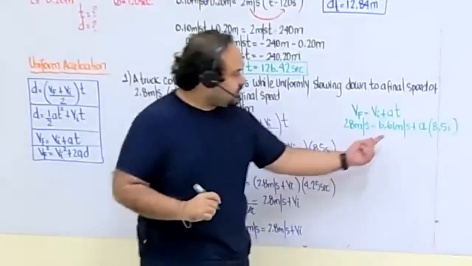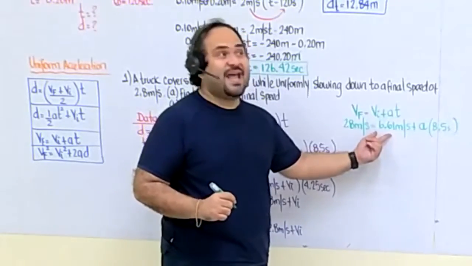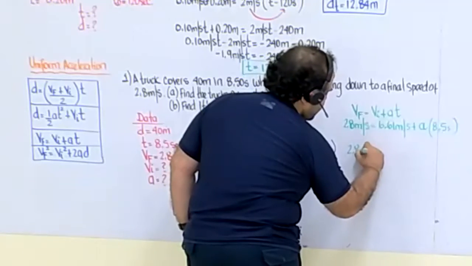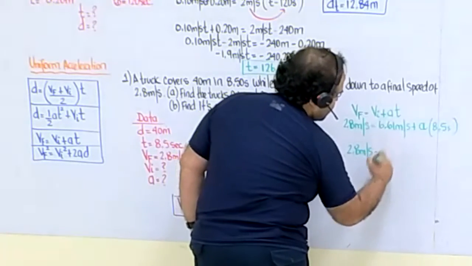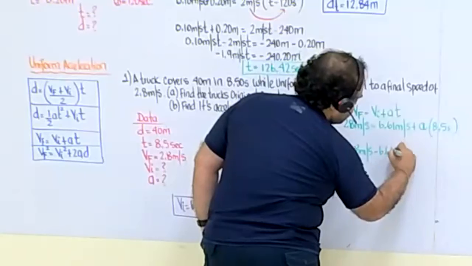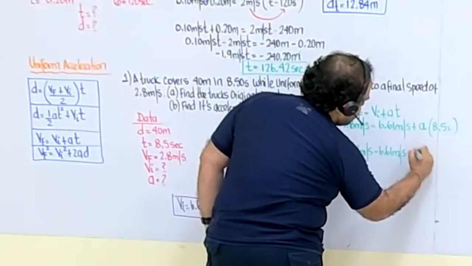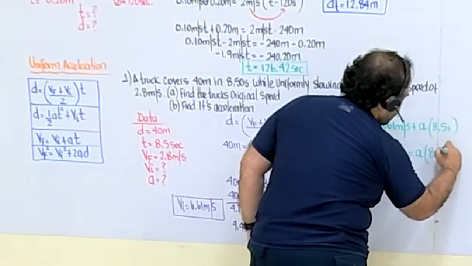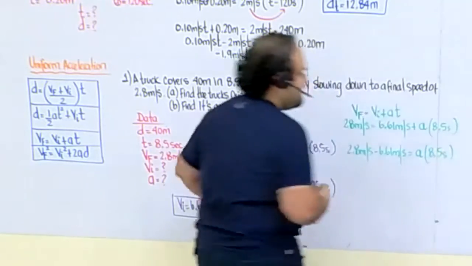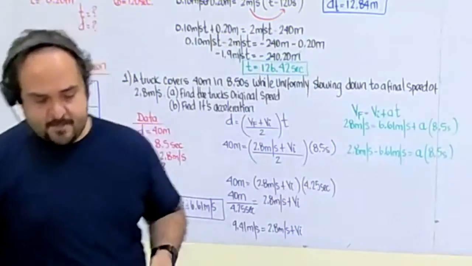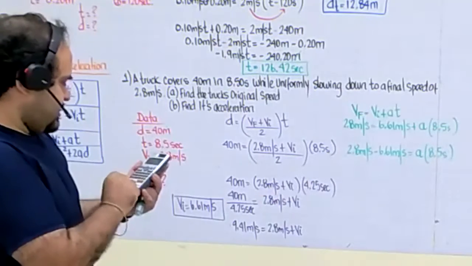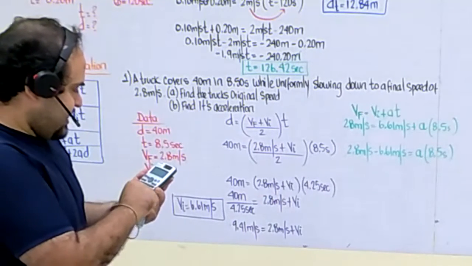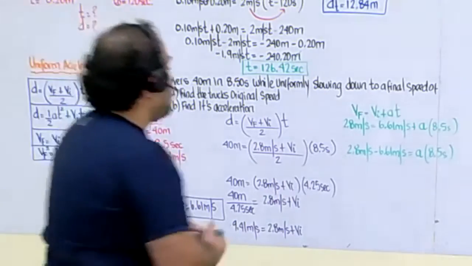Okay? 6.61 is adding, so it passes to the other side subtracting. 2.8 meters per second, subtracting 6.61 meters per second equals acceleration multiplying by 8.5 seconds. Okay, let's subtract 2.8 minus 6.61, and the result will be negative 3.81.